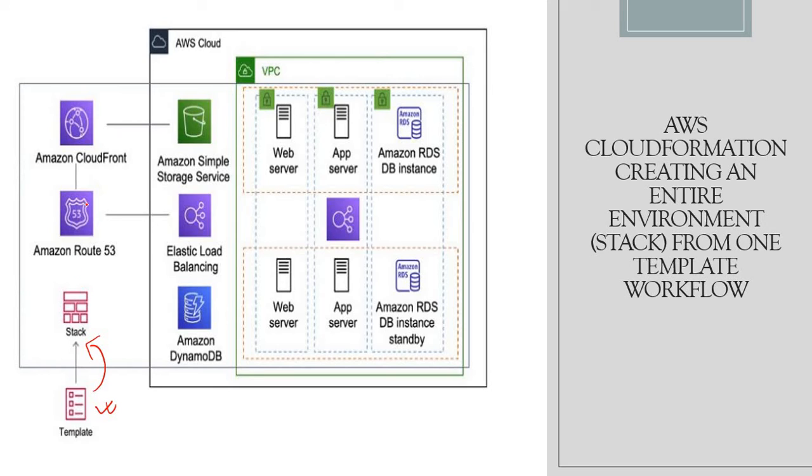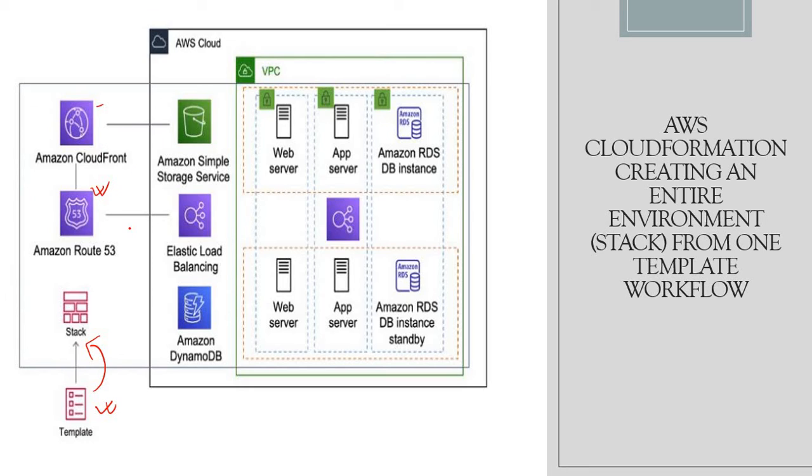Then you can use Route 53 to control the traffic. Route 53 can be used to connect with CloudFront or any edge location, or to perform load balancing and distribute the load on multiple EC2 instances or servers. CloudFront fetches the information from the S3 bucket and provides it to the user.